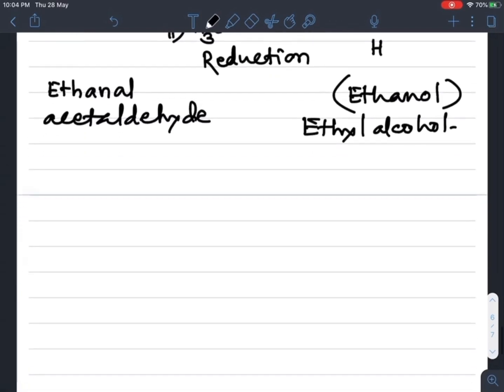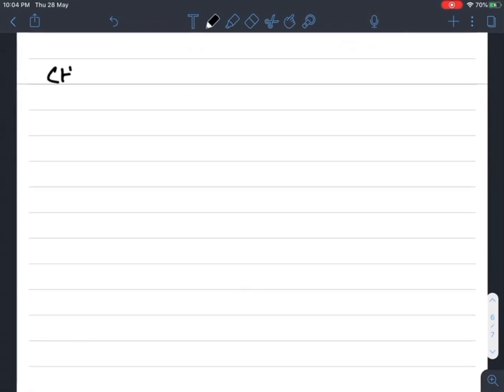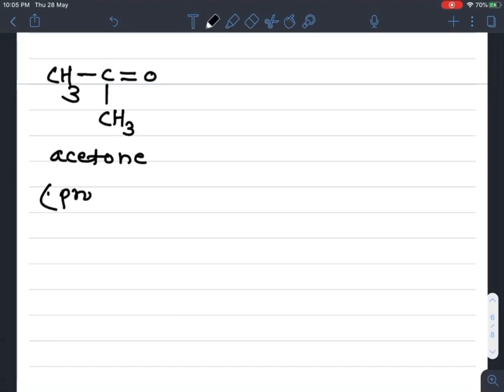Okay, if we take one more example, that is acetone. From ketones, the first member of ketone is acetone. So this is acetone. Its IUPAC name: 3 carbons are present in this molecule, so the 3 carbon containing alkane is propane, and E is replaced by ONE, that is the suffix for ketone, so its name is propanone.